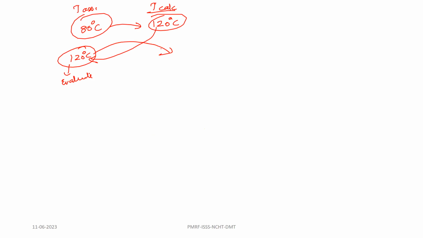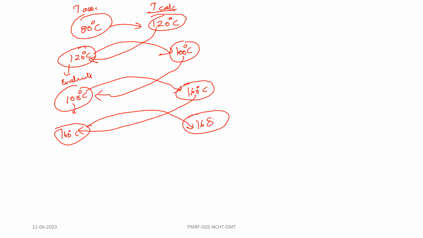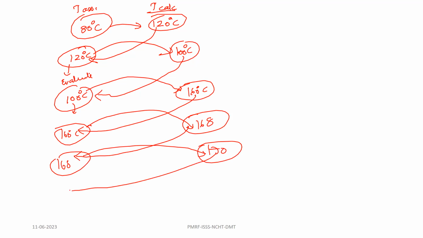Then through calculation I will get maybe 100 degrees Celsius. Then again I do the same with 100, evaluate all the properties, and get maybe 160. Then again with 160, I got 168. Then I substitute 168 and I got 170. When I substitute 170 back, I get 170 again. So see here, the solution has converged.